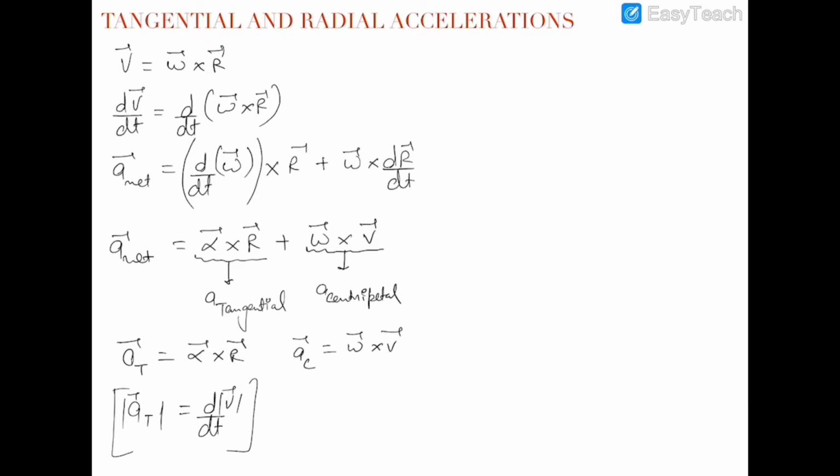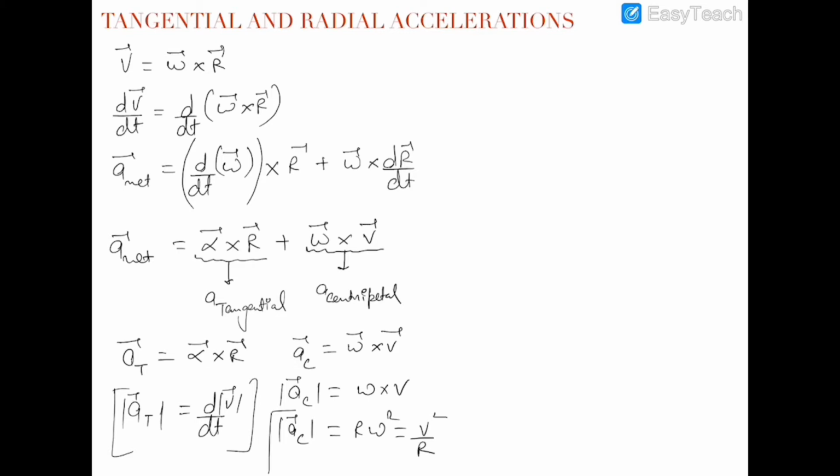Now if we calculate the magnitude of ac, then it is omega into v in scalar form, and v is also equal to r omega. So ac is equal to r omega square, or it is equal to v square by r.